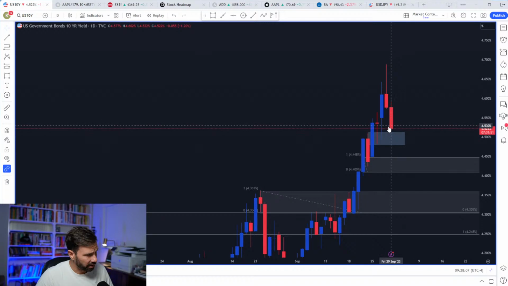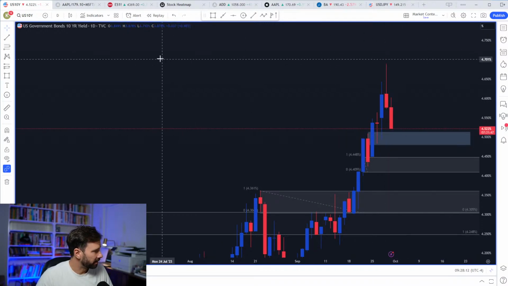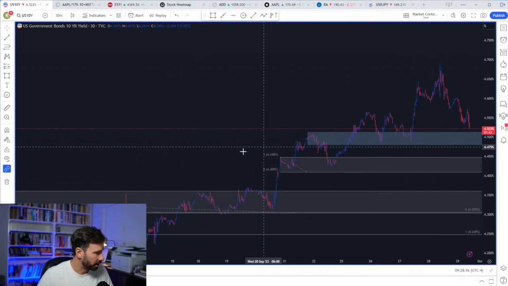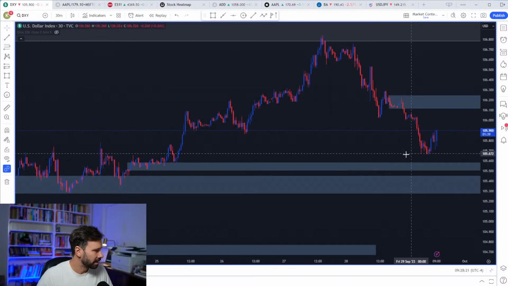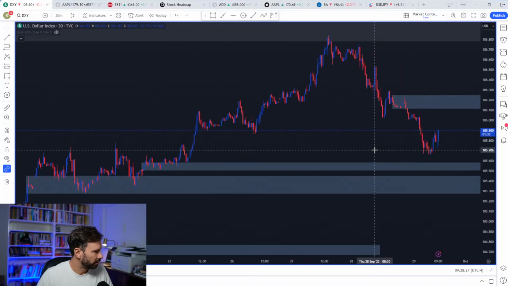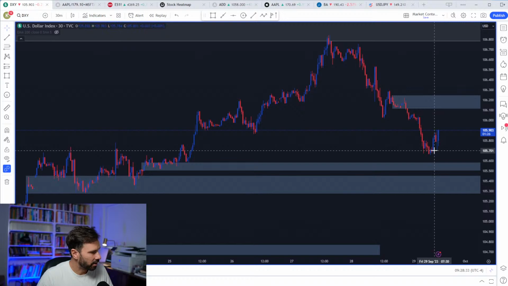Okay, so this is the 10-year yield daily chart, and the demand is right here, about to be reached. And the dollar is slightly different, but similar in some way. You have all this pivot bouncing, though this pivot here that was supply is now holding up this price.